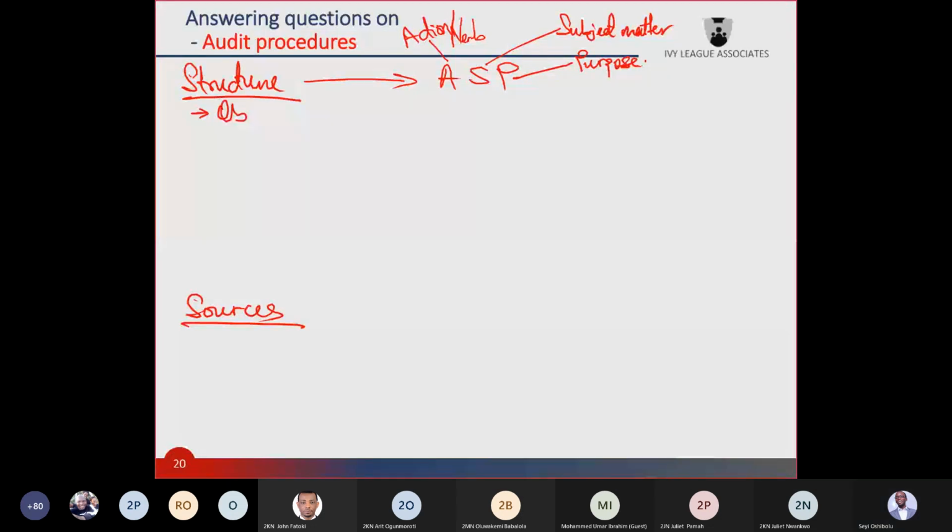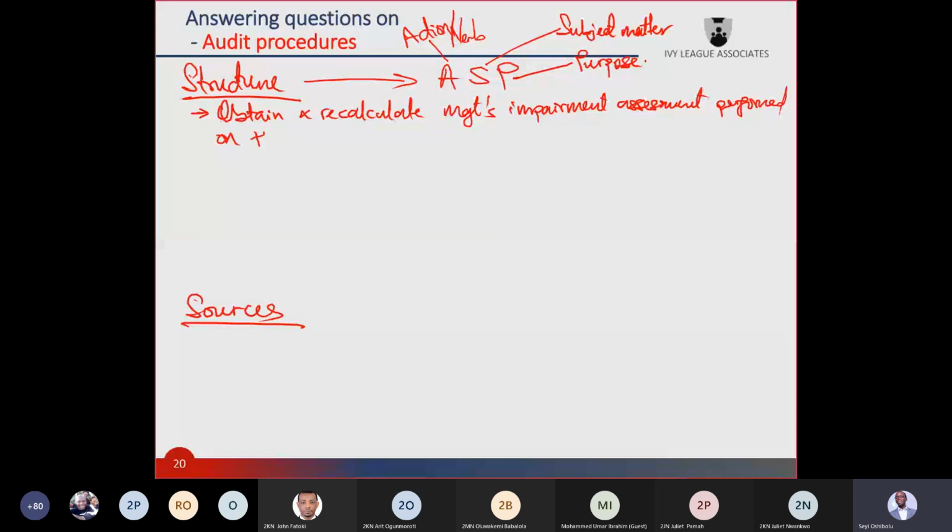Obtain and recalculate management's impairment assessments performed on the factory to confirm arithmetic accuracy.